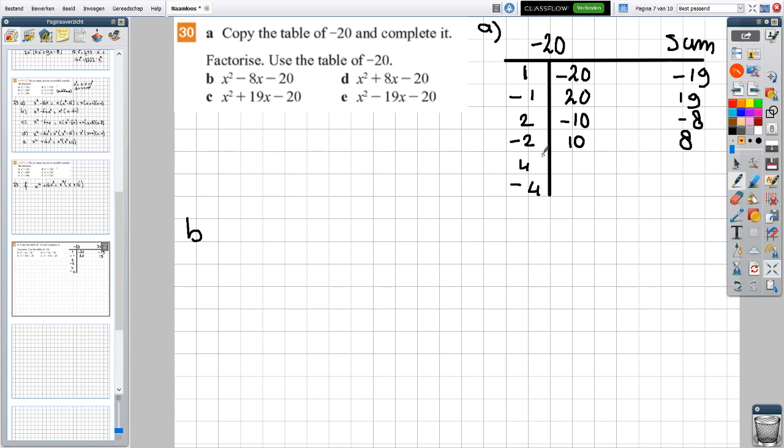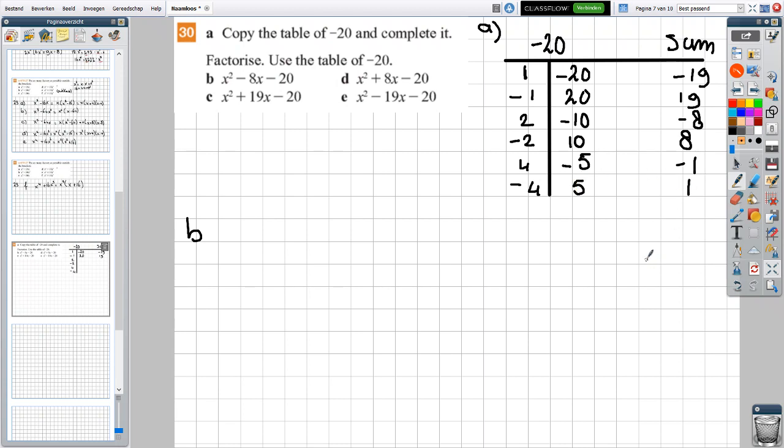Okay? Now try it for 4. Which number times 4 is -20? Must be negative, right? -5. 4 minus 5 is -1. And here I have to use +5 and I find 1 here.